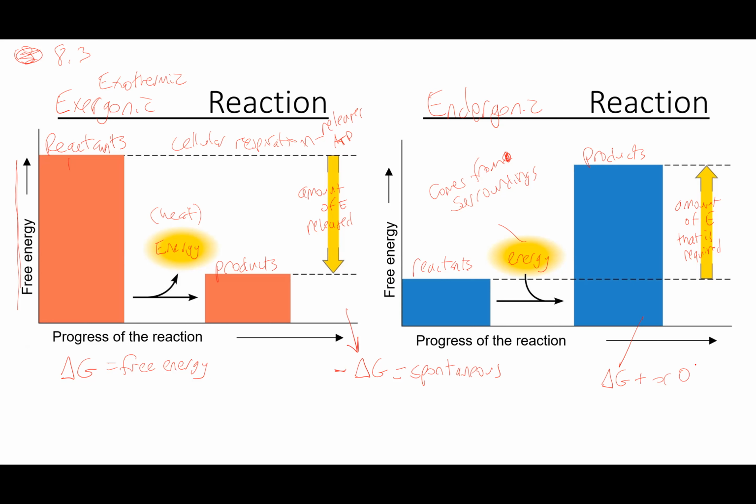This is going to be a reaction that's not spontaneous. It's not going to happen without that input of energy. There's an equation in your book that talks about this: delta G greater than 0 means it will be not spontaneous, and delta G less than 0 means it will be spontaneous.